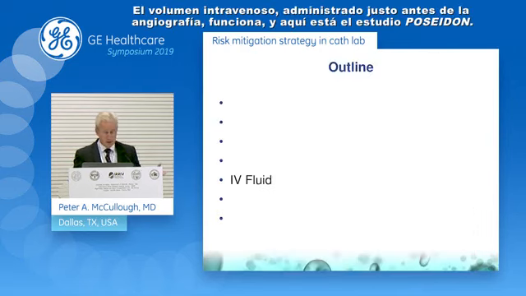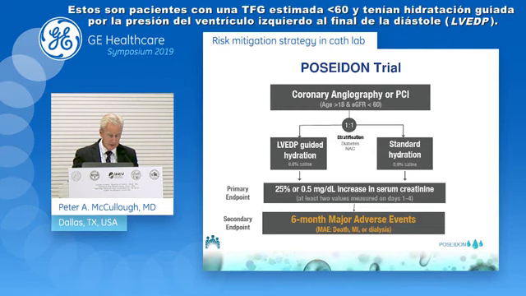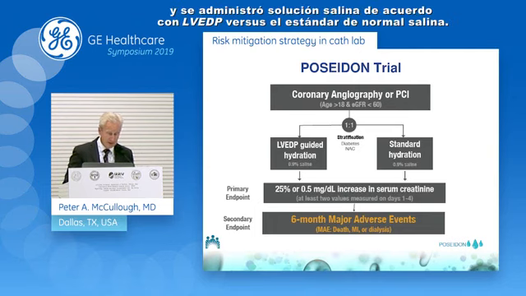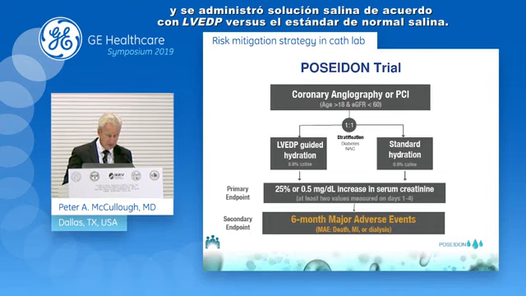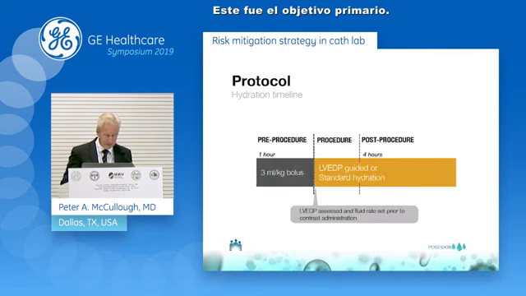Intravenous fluid, given short-term prior to angiography, does work, and here's the POSEIDON trial. These are patients with estimated GFR below 60, and they had LV EDP guided hydration, so put up a catheter in the left ventricle, measured left ventricular end diastolic pressure, and then administered normal saline according to the LV EDP versus standard normal saline, and this is the primary endpoint.